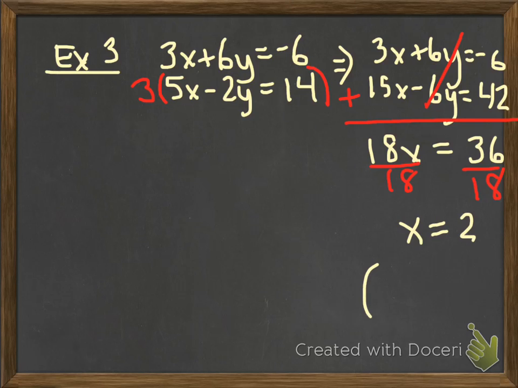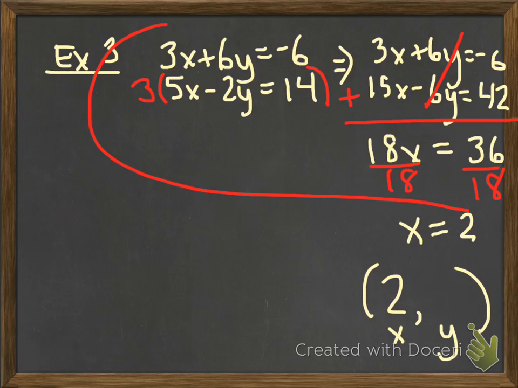Okay, and that only gives us part of our point of intersection. We need the y. We only have the x. So you're going to plug it into the top equation, I guess. It doesn't actually really matter which one you plug it into. So we're going to put it in here in place of the x. So now we have 3 times 2 plus 6y equals negative 6.